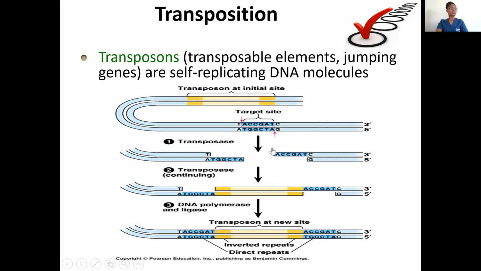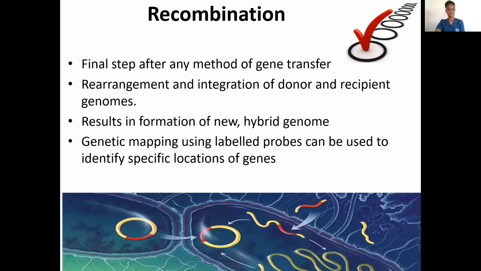So this could happen not only on the chromosomal DNA, it could also happen in extra chromosomal DNA. So that can also transfer the genetic material from one cell to another when the other processes happen.